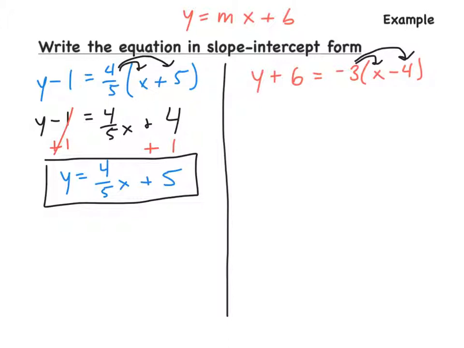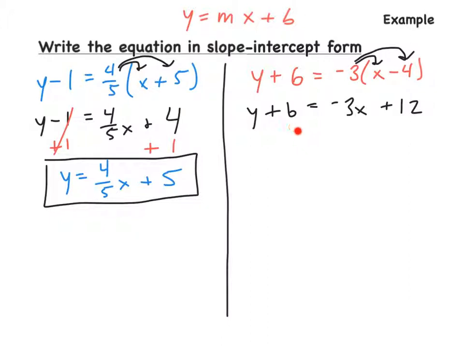So if we rewrite it, we have y plus 6 is equal to a negative 3x. And think of this as negative 3 times a negative 4. So negative 3 times a negative 4 is a positive 12.